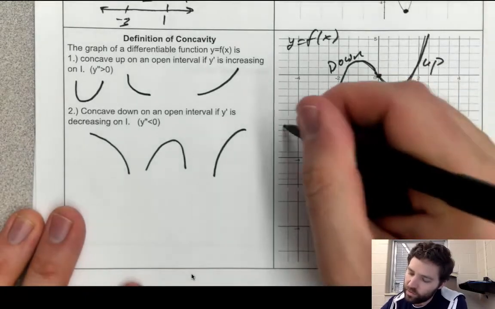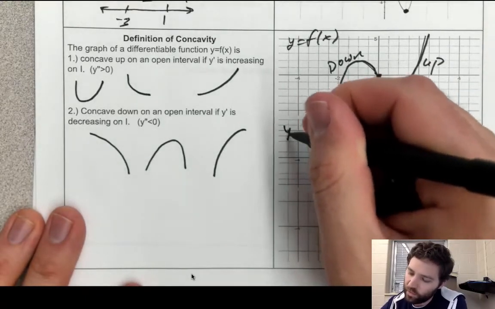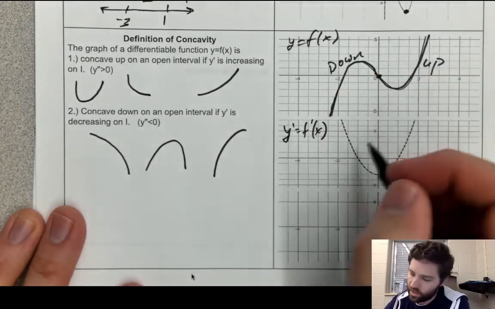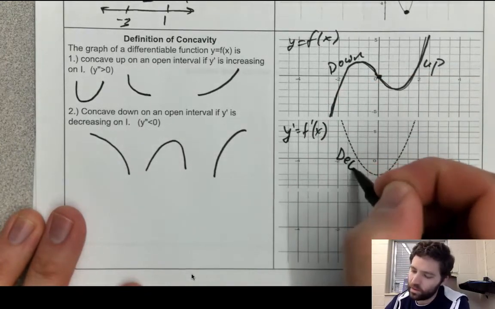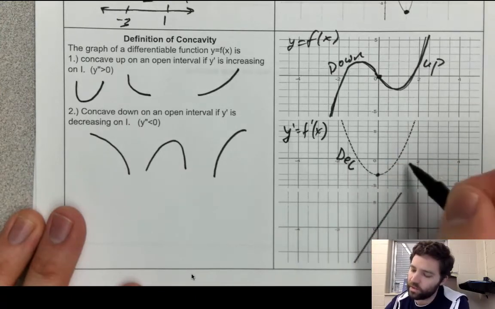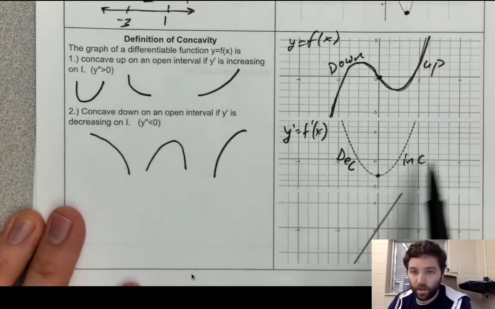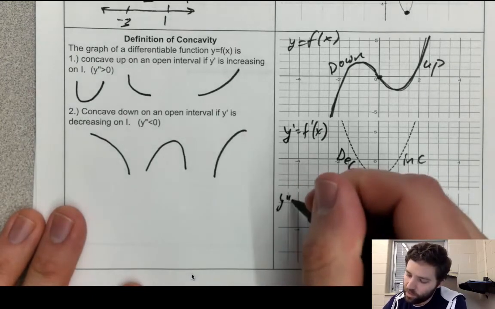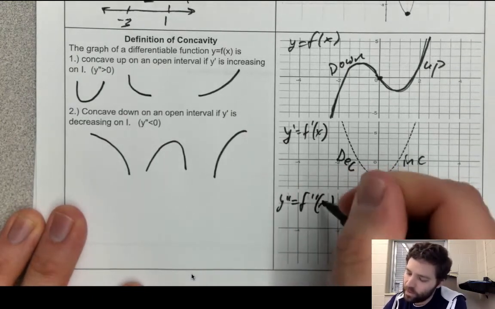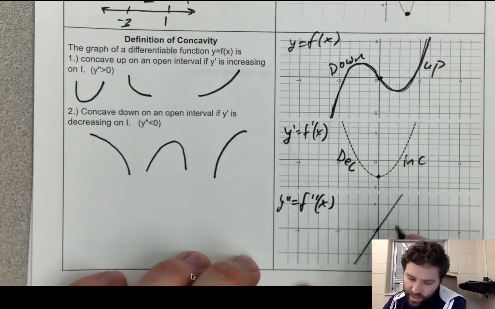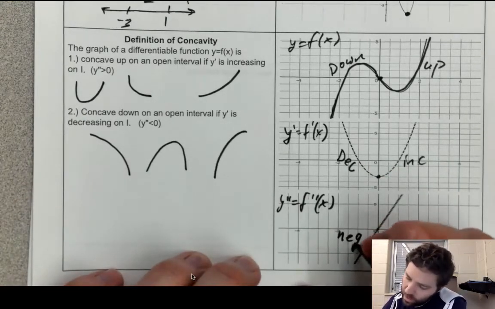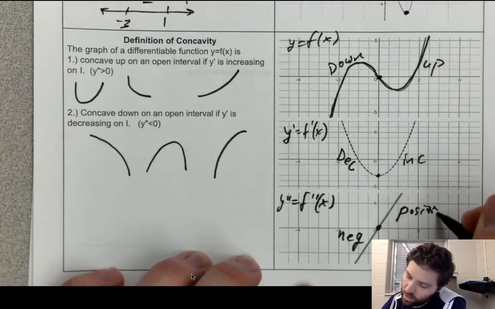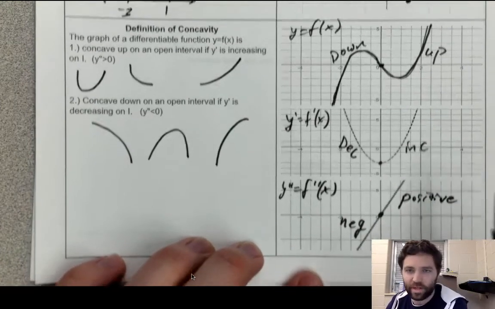All right, so then if you take the first derivative, so if you take y prime, then you can see here that you get decreasing of the first derivative to here, and then increasing of the first derivative there. And then the second derivative, so this is y double prime. In the second derivative, we have negative here, and then it switches to positive here.